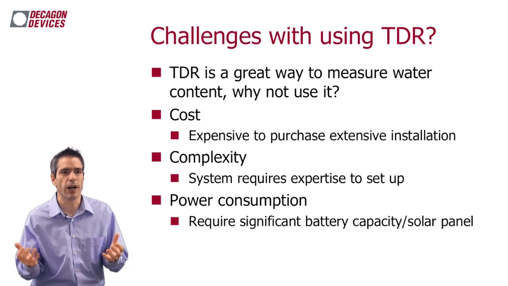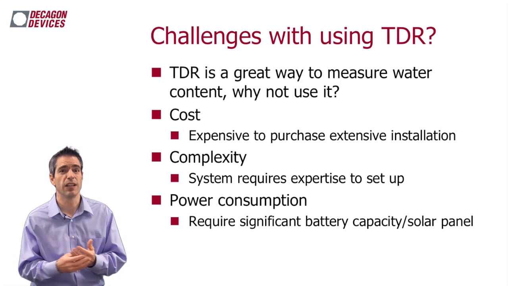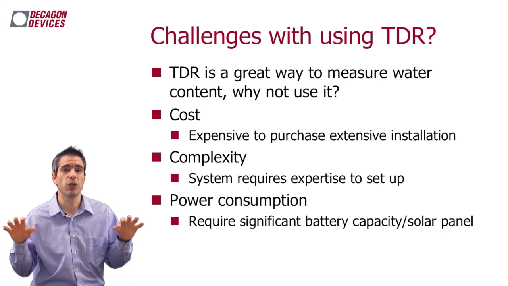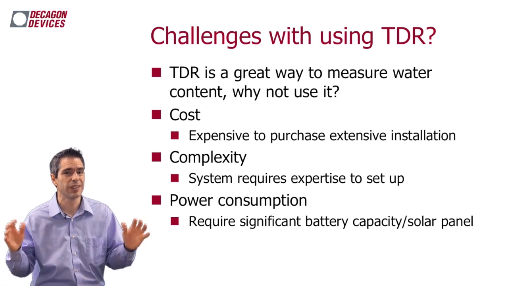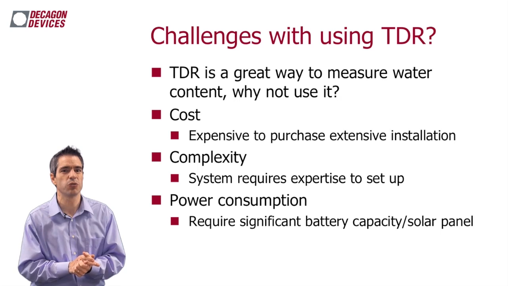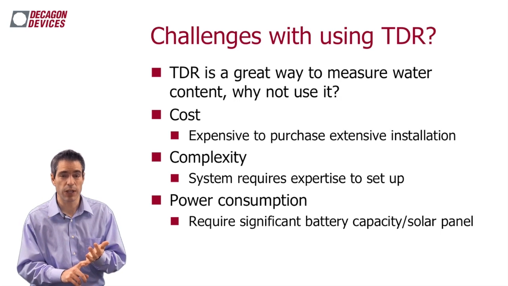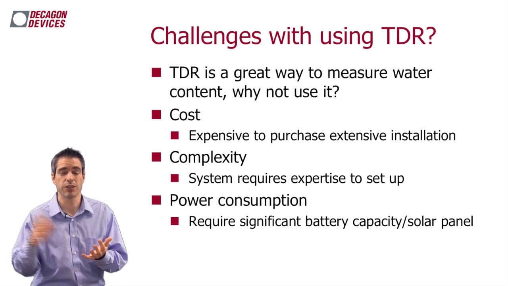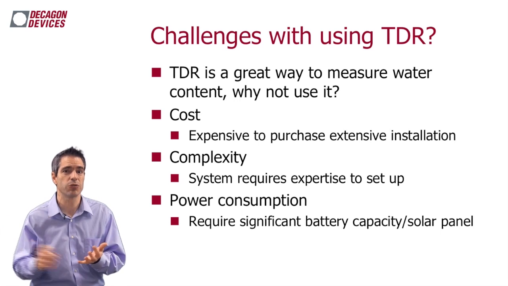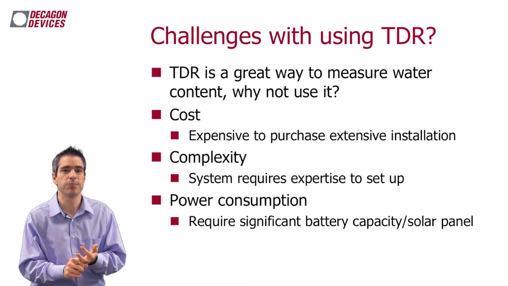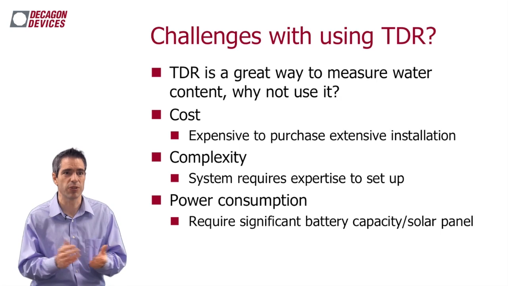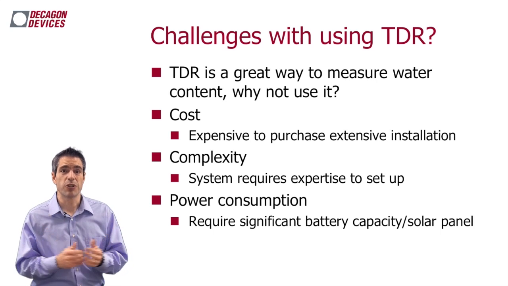But why move on? Cost. These systems are quite expensive, and so if you want to put out a lot of measurements across a field, it becomes quite difficult to use one of these systems because you have to spend a lot of money on cabling, because you don't want to buy more than maybe one central unit. You have to spend a lot of money on sensors, etc. There's also complexity.